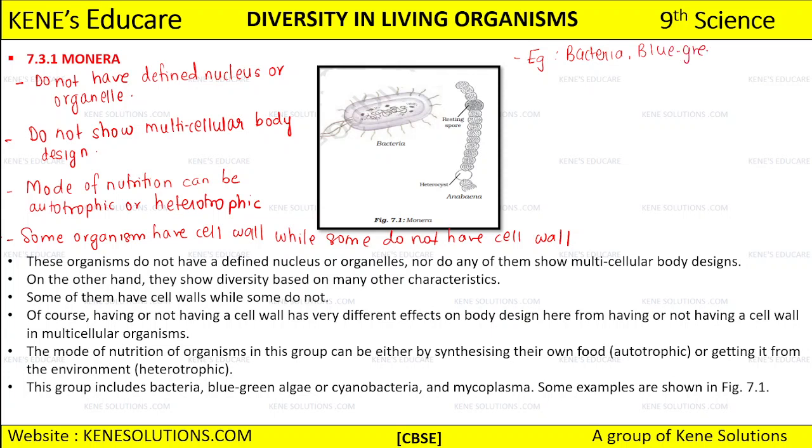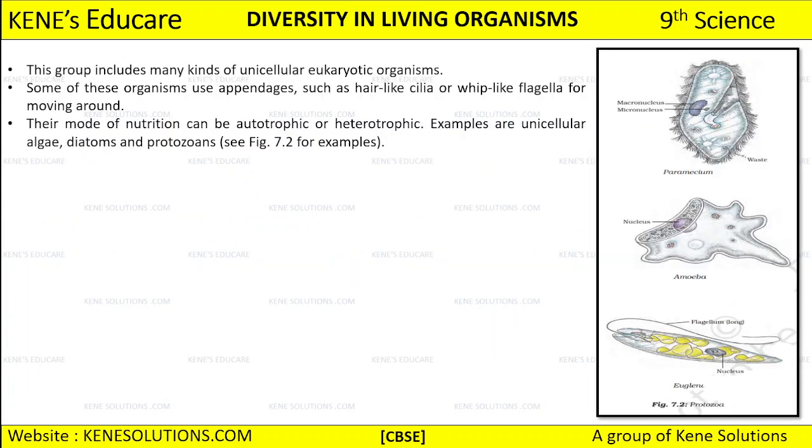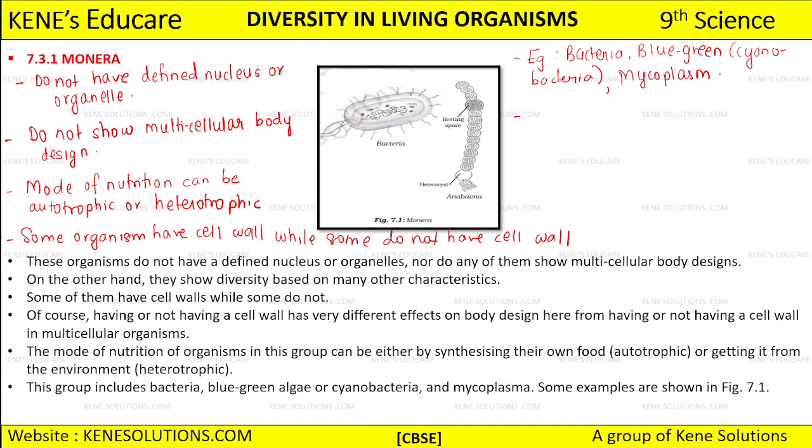I'm showing it for this one kingdom, and the rest you have to write on your own. I'm not going to write it for every kingdom, but you should have a note like this with you so that it becomes easier during the exam time. And then what is written behind that? That they are unicellular eukaryotic organisms.